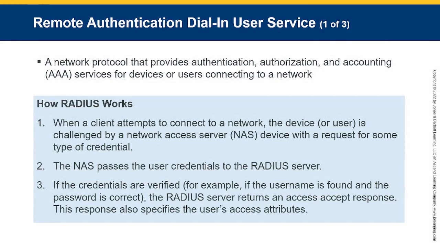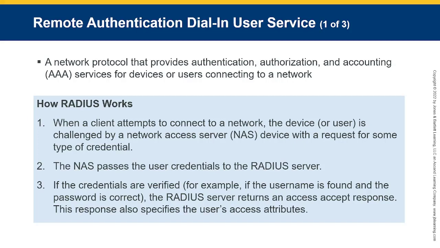RADIUS, or Remote Authentication Dial-In User Service, is a network protocol that provides authentication, authorization, and accounting services for devices or users on the network. How does it work? When a client attempts to connect to a network, a device or user is challenged by a network access server device with a request for some type of credential.